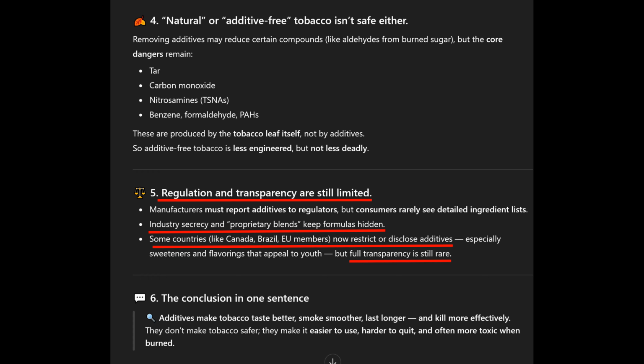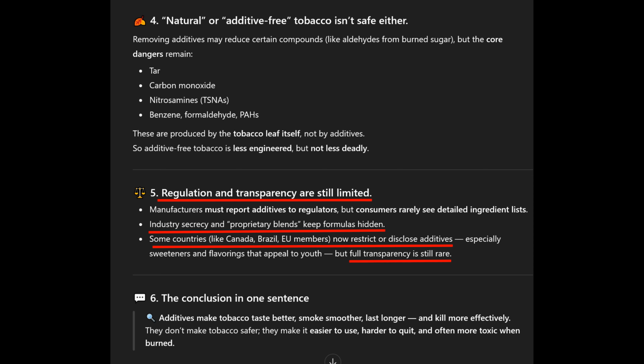I don't know what to say about restricting additives, especially sweeteners and flavorings that appeal to youth. Okay, I know that this is something that has been happening in cigarettes because we don't have menthol cigarettes anymore, and that has been happening for quite some time.